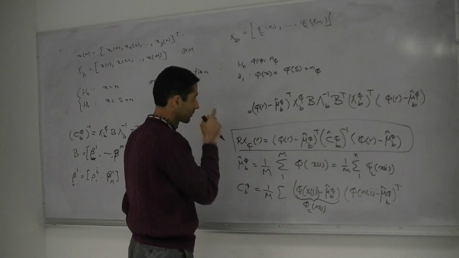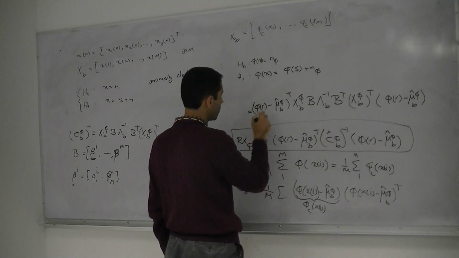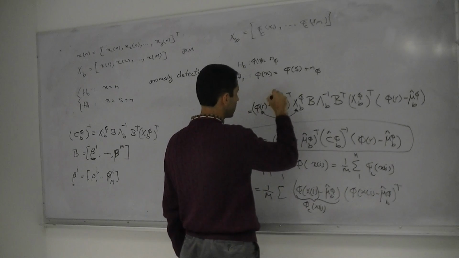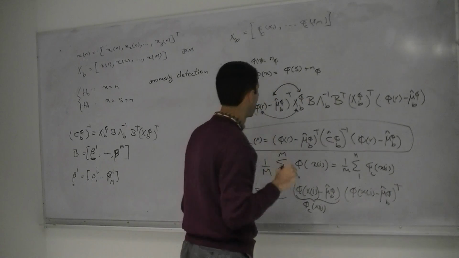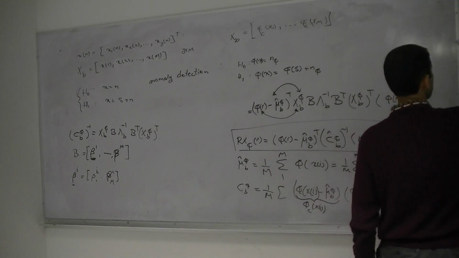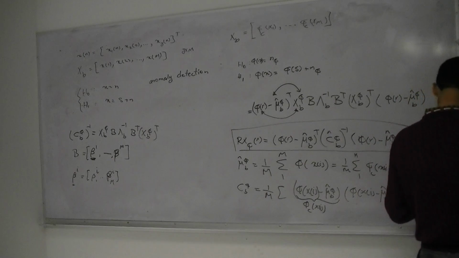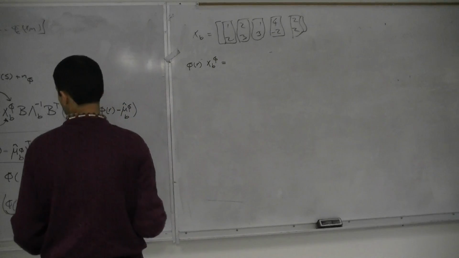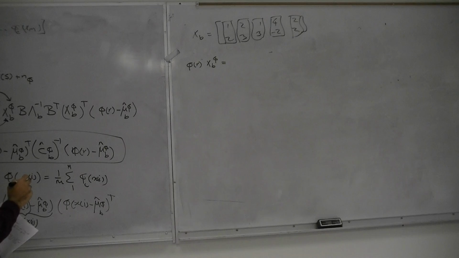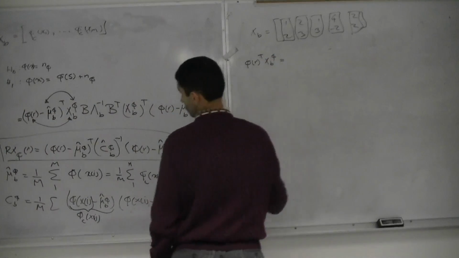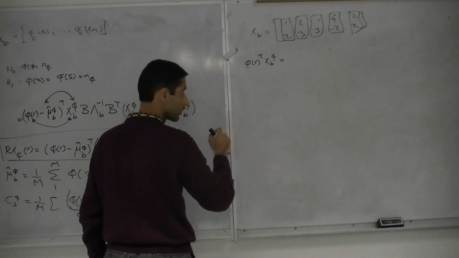Now I'm going to multiply these two and these two together, and it's phi r multiplied by X phi transpose. This was transpose.